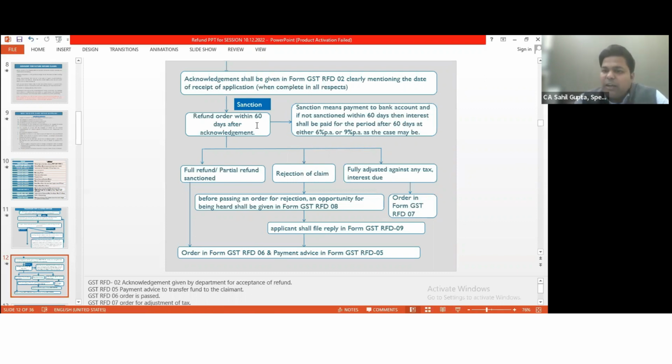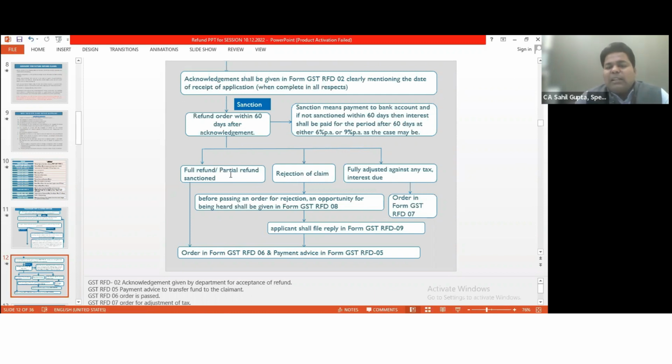If I am eligible for the refund and the officer is not sanctioning the refund application within 60 days, then from the 61st day to the date of crediting the amount, 6% interest or 9% interest is eligible to me. 6% is in the case the refund order is not sanctioned, and after the refund order is sanctioned and till the date of crediting in the bank account, a rate of 9% will be given to me.